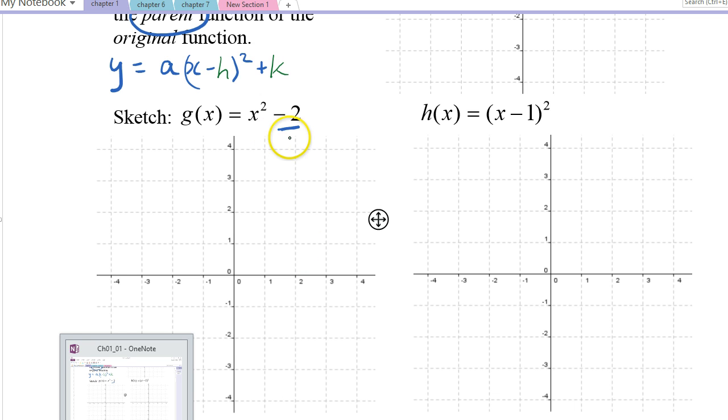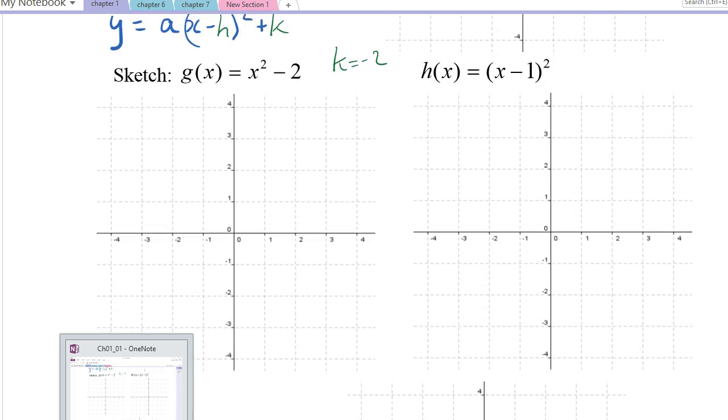So looking at this one here, this one would have a k value of -2. And let's see what happens when you have a k value of -2. You'll probably even remember this from our last lesson. If I plug a 0 in here for x, I'm going to get a -2.